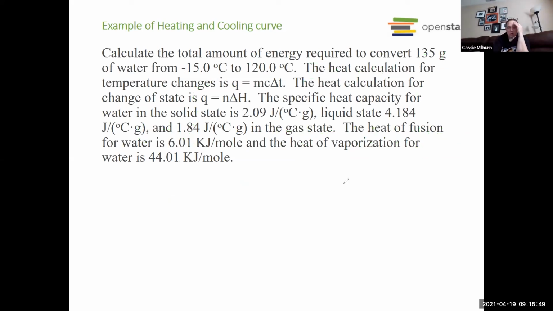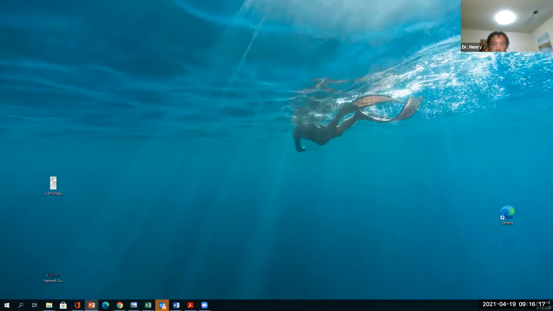Okay. So calculate the total energy required to convert 135 grams of water from minus 15 degrees Celsius to 120 degrees Celsius. The heat calculation for the change in temperature is Q equals MC delta T. That should be a capital T. Fix that real quick.